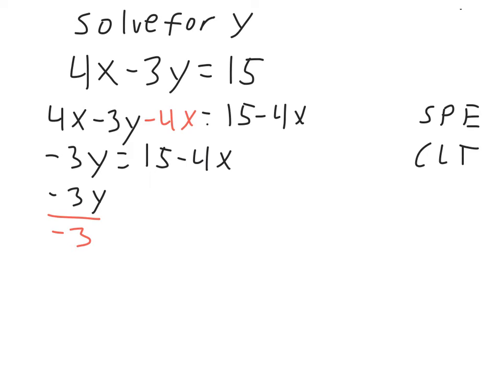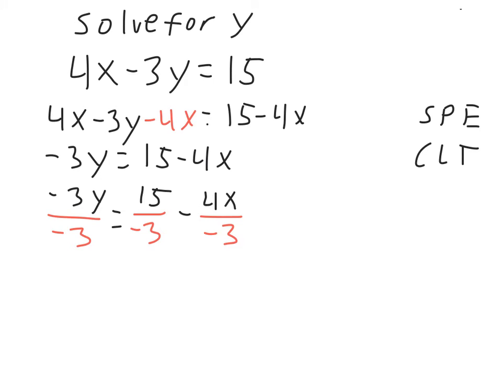Just a note, on the other side, the 15 minus 4x, we have to divide each of those by negative 3. So we have to say 15 divided by negative 3 and minus 4x divided by negative 3.